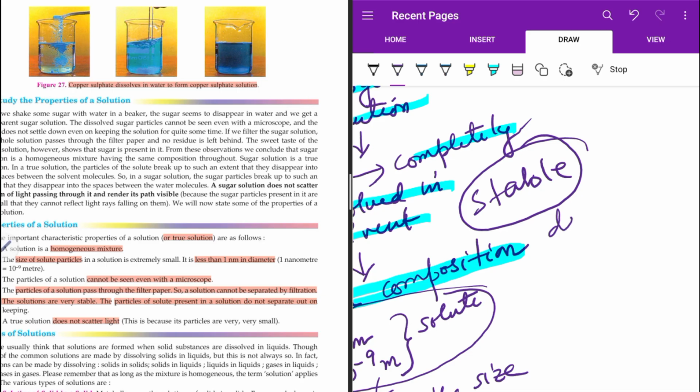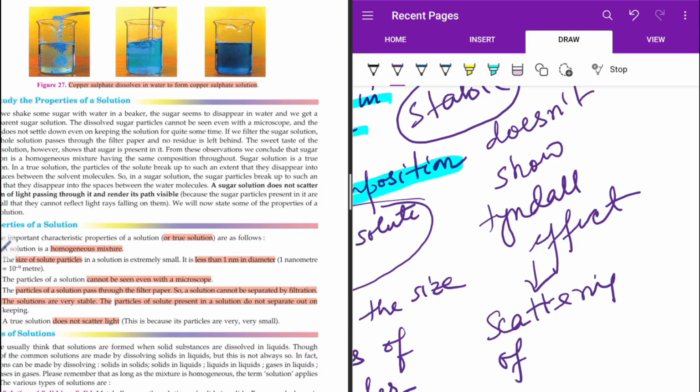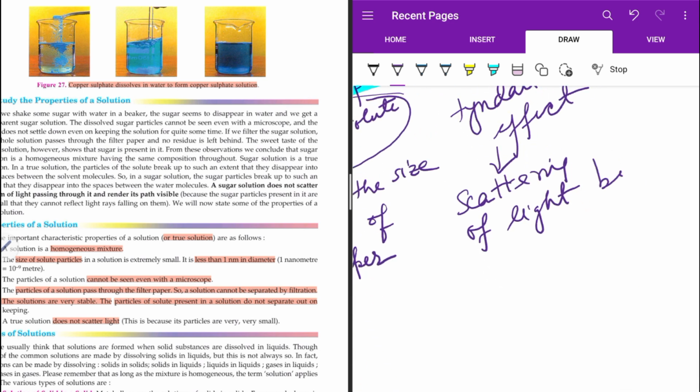So another property is that it doesn't show the Tyndall effect. You know what the Tyndall effect is? It is known as the scattering of light by particles.